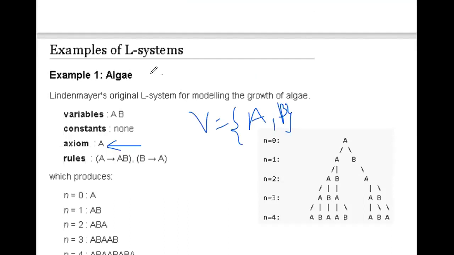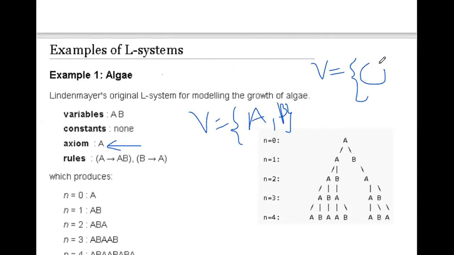So Lindenmayer originally developed an L system for the growth of algae. He considered two symbols in the alphabet set. This could be any symbols, not only letters.